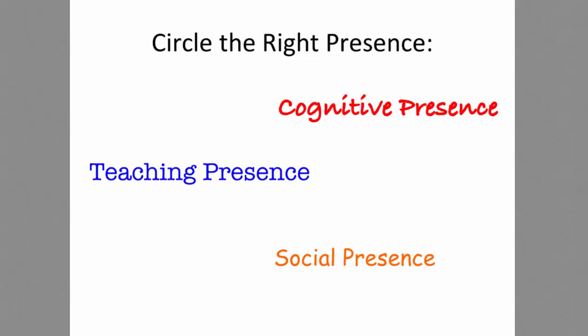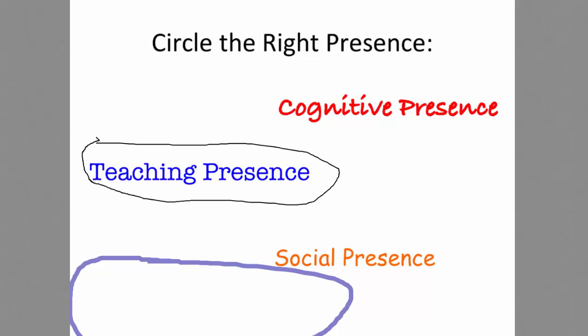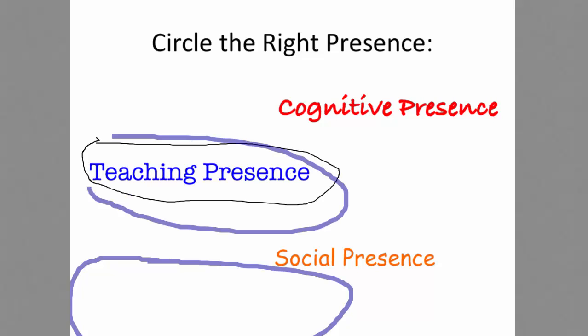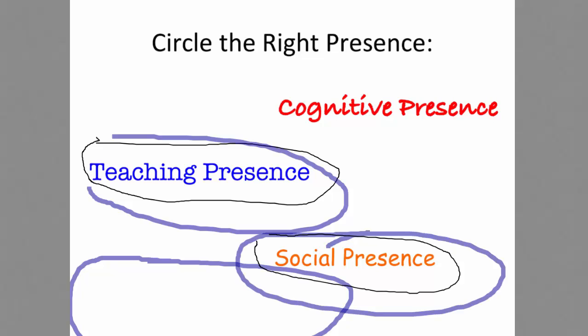If you could circle which one of the presences that is. Great. The next one is personal disclosure, group cohesion, and interactivity. And obviously the last one, enhancing critical thinking through the 4 steps of practical inquiry.